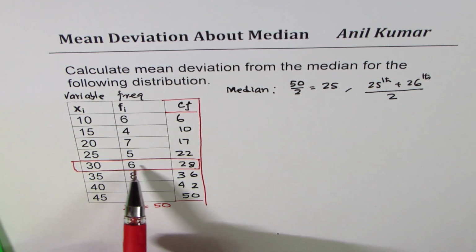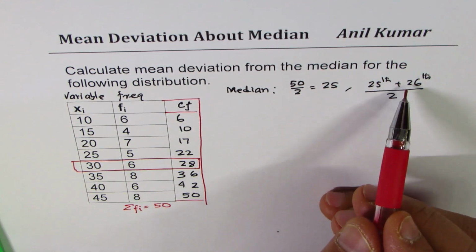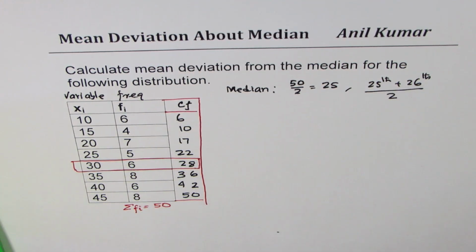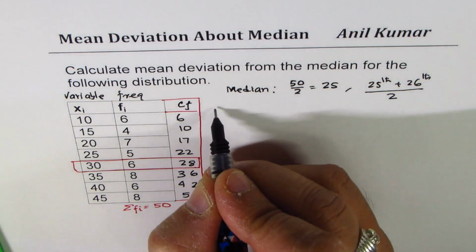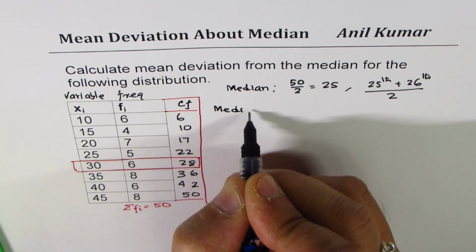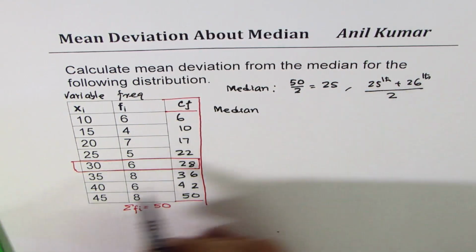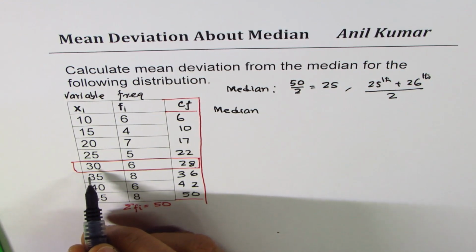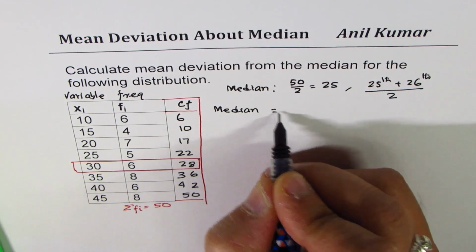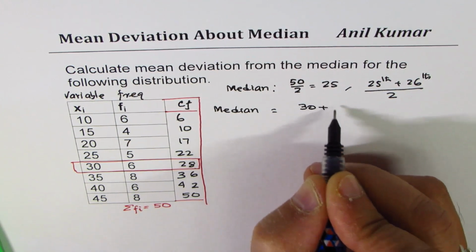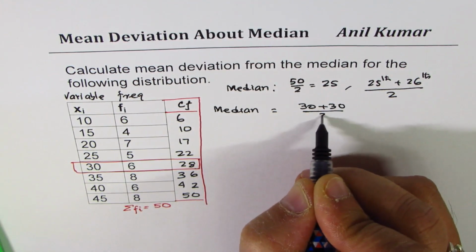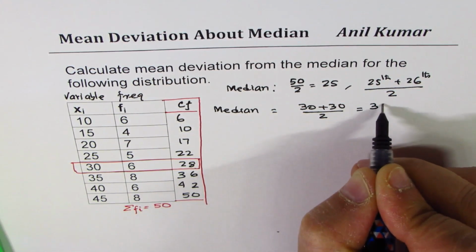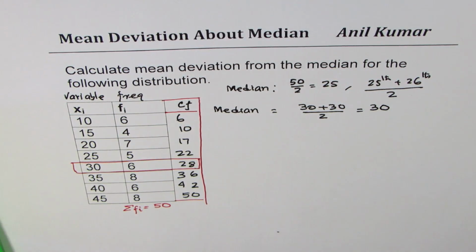One of these will include the 25th and 26th, correct? So we can write median as, so both are 30, right? Both are taken as 30. So we'll write this as equal to 30 plus 30 divided by 2, which is 30. So we have found the median for this particular distribution.